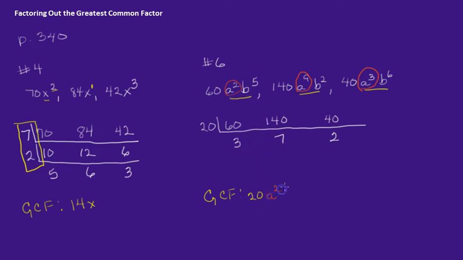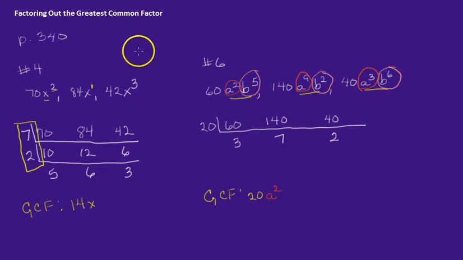So A squared. And now let's look at my B terms. So I have B to the 5th, B squared, and B to the 6th.